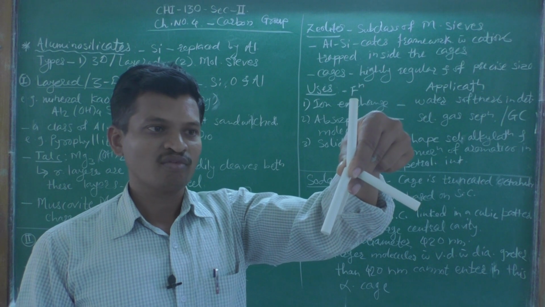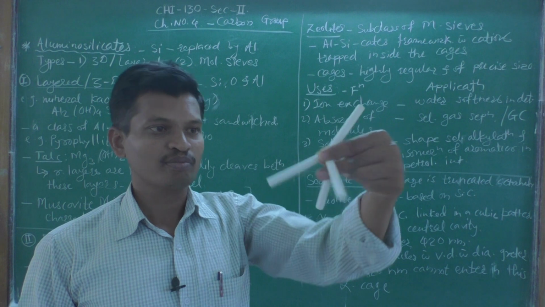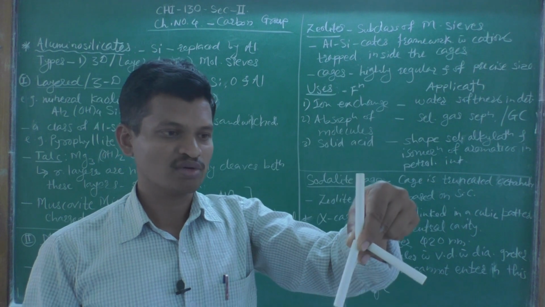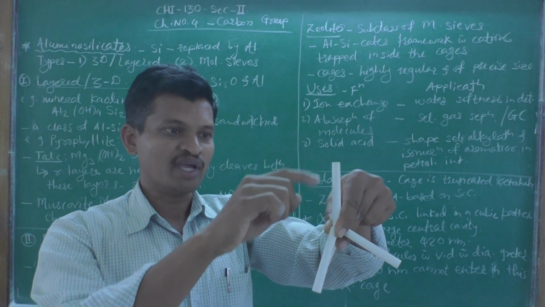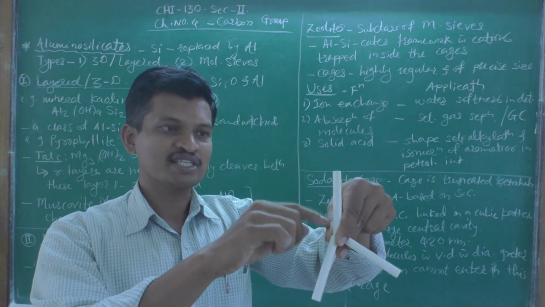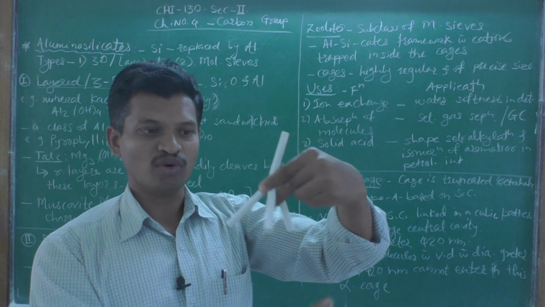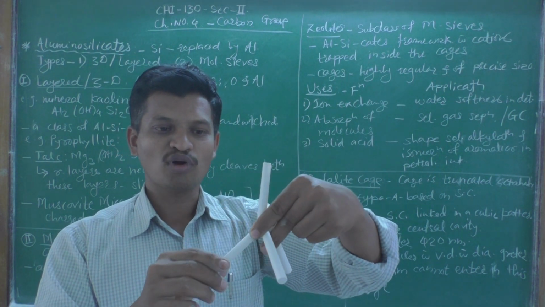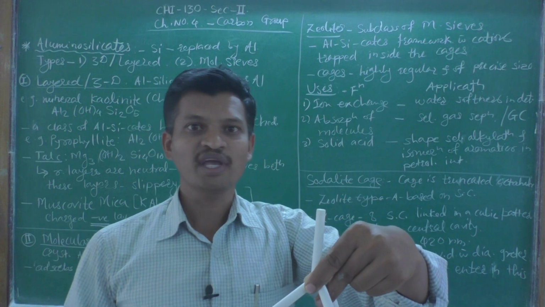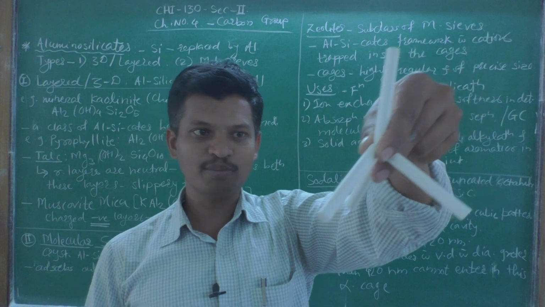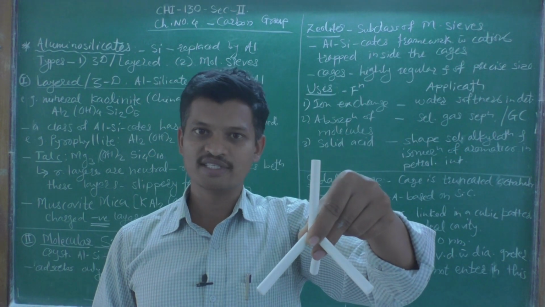In my 3 fingers I have 4 chalks, and at the center the silicon atom is situated. This is the first SiO bond, second, third, and this is fourth. All 4 bonds point at the corners of a regular tetrahedron.